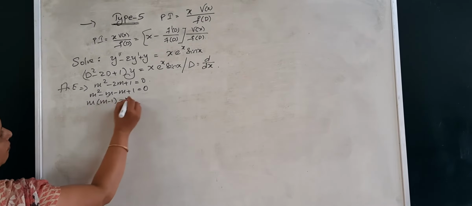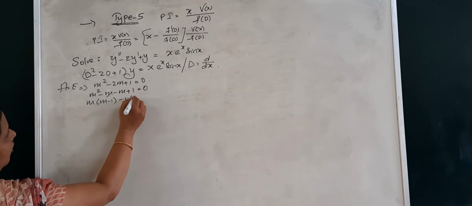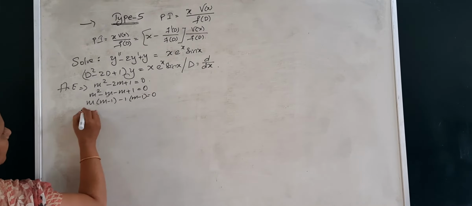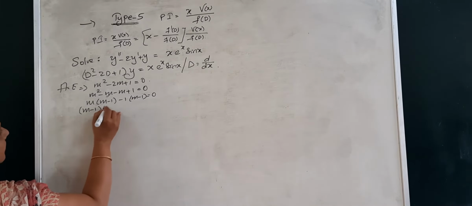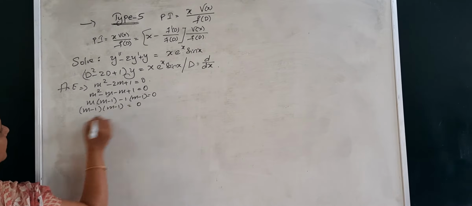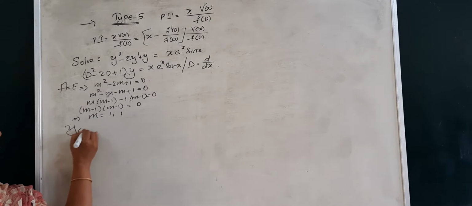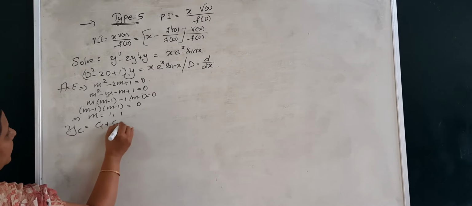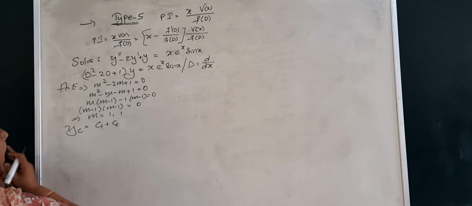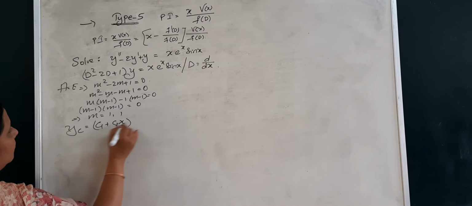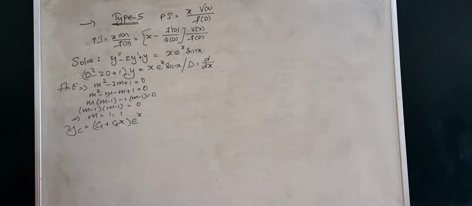So m into (m minus 1) is common again, (m minus 1) into (m minus 1), which gives us m is equal to 1. This is the same thing. So yc is (c1 plus c2 x) into e to the power x. Okay, let that be there.